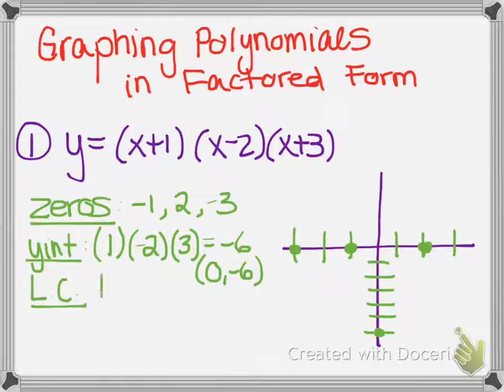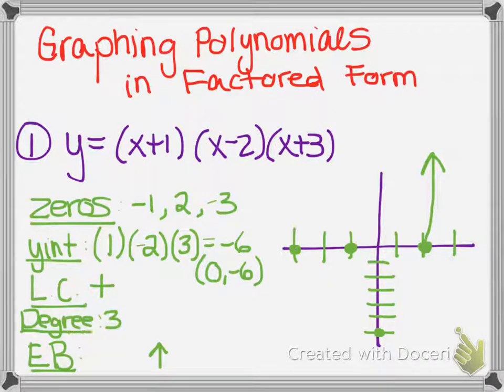The leading coefficient is positive, so we know in our end behavior that it's going to end up. And I can graph that now. Then we're going to identify the degree, which is 3, since we have 3 x values. Since it's 3, that means it's odd, so it's going to start down.